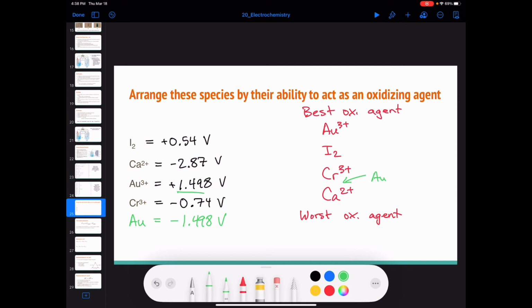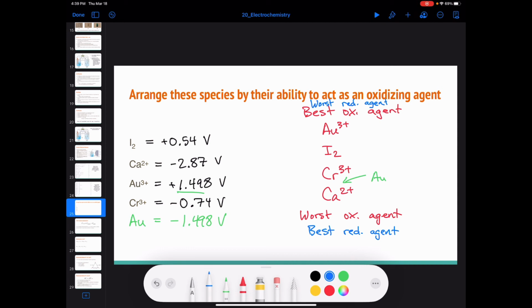Now what if the problem didn't want a good oxidizing agent? What if you wanted a good reducing agent? Well, if it's a good reducing agent, you want something that really, really, really wants to be oxidized, right? And so in that case, these would be the best reducing agents down here, and these would be the worst reducing agents.